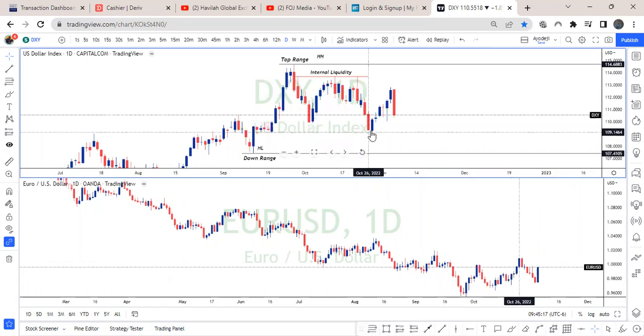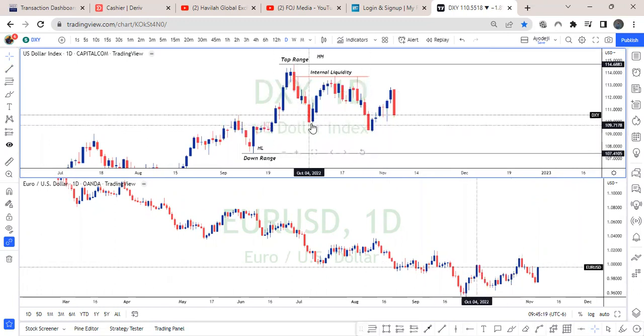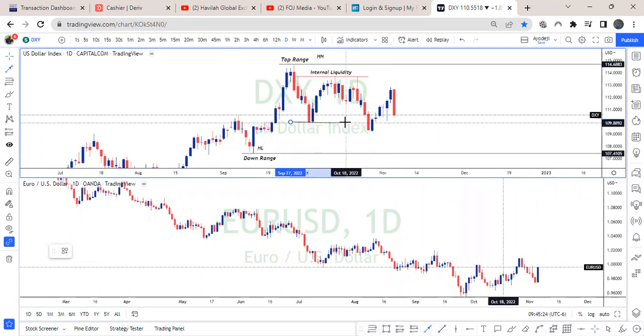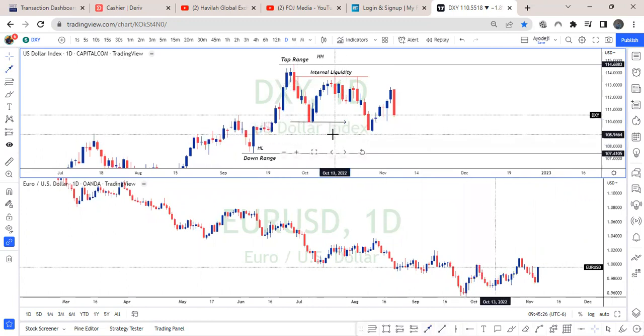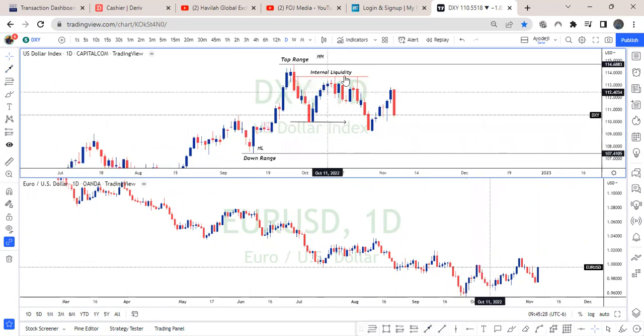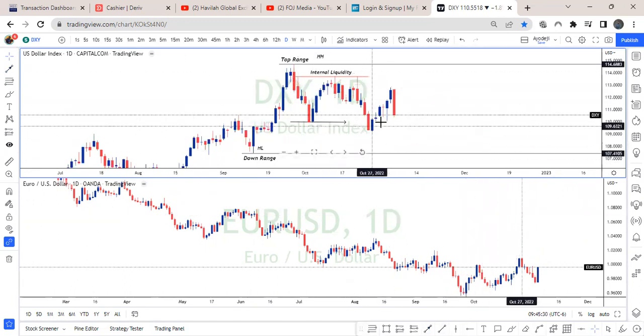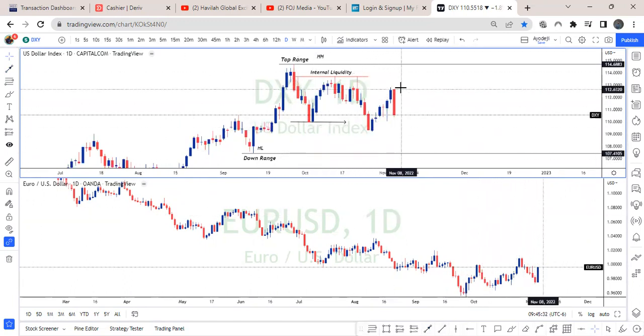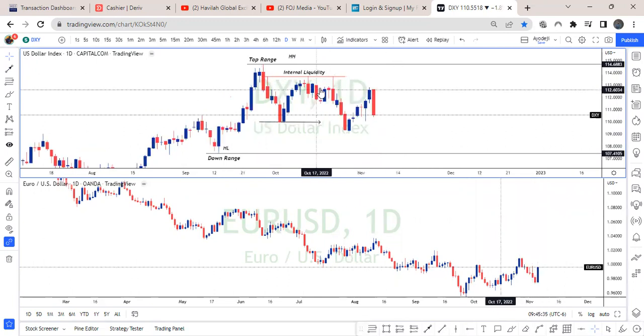Price came down to break this last low. So there was a BOS here. It's a microstructure break.